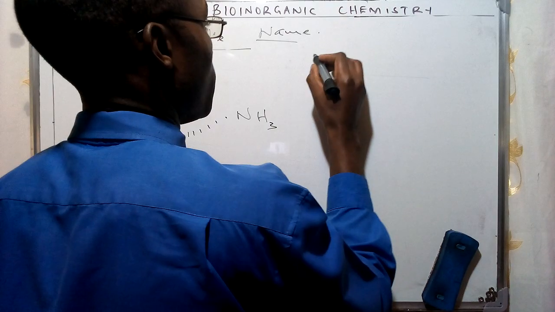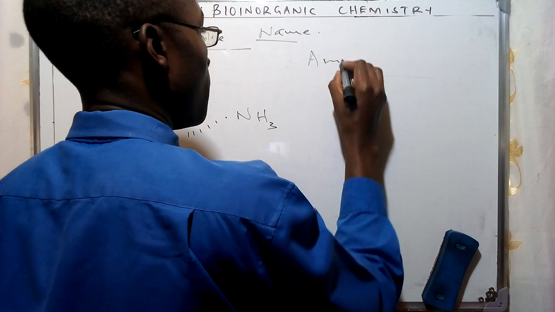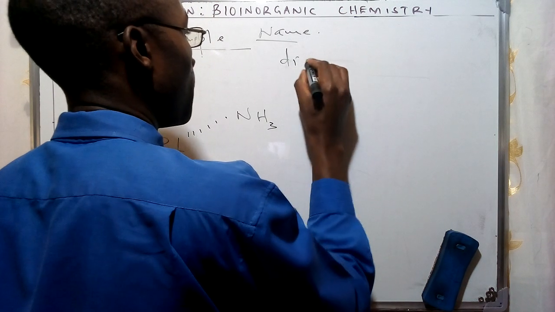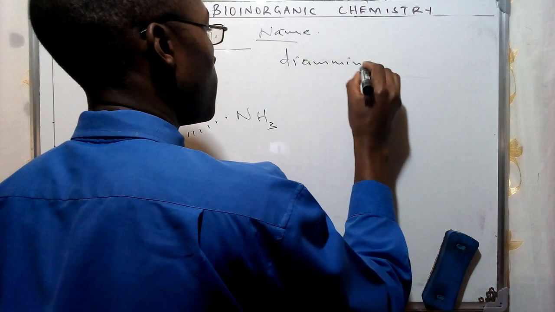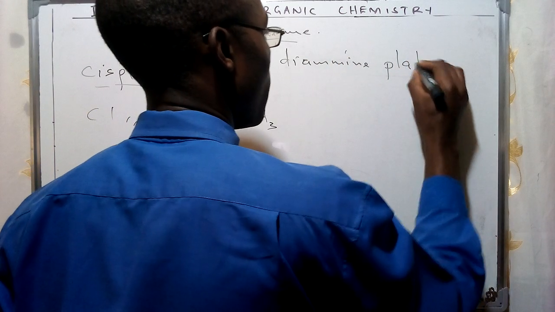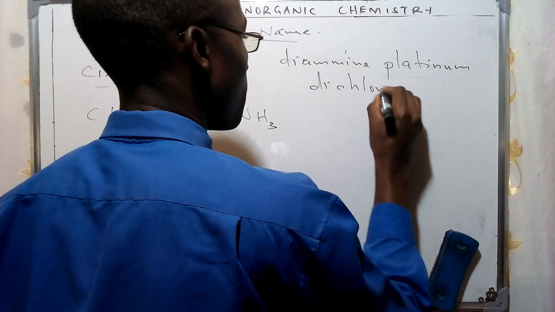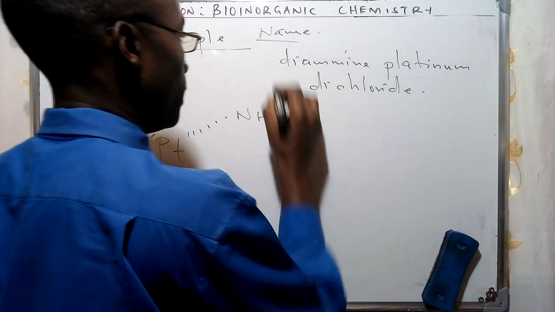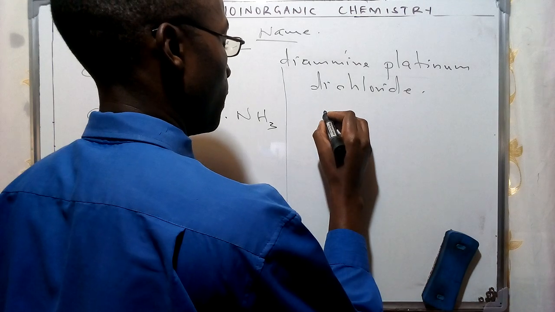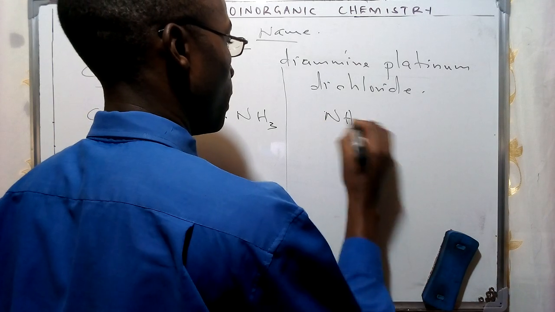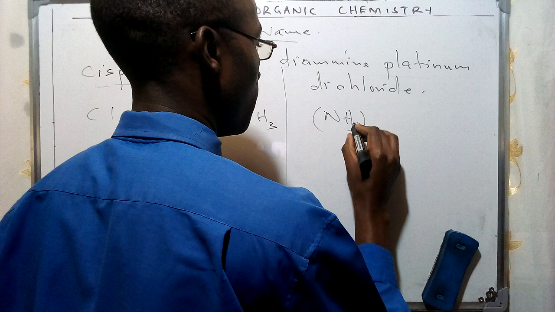So we're going to have this one referred to as diamine platinum dichloride, which can be given in terms of this specific arrangement.